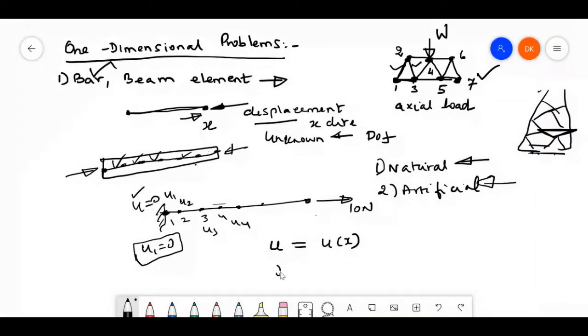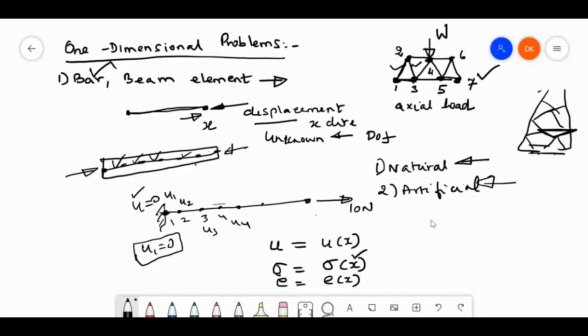The stress is also a function of x, so the stress value varies with respect to the distance x, and the strain is also a function of x.